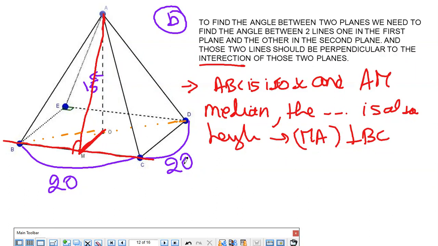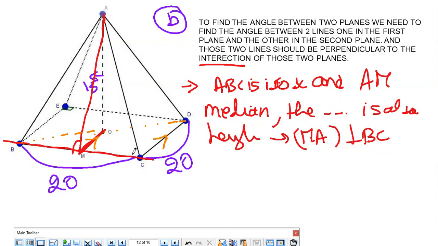So I will repeat again. Since M is the midpoint of BC and O is the midpoint of BD, MO and CD are parallel.